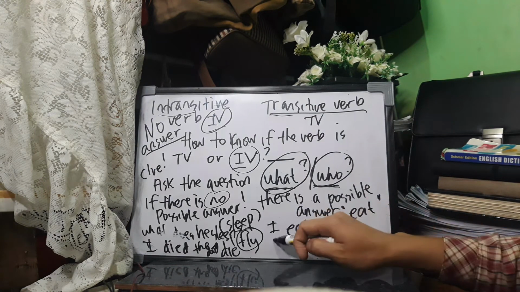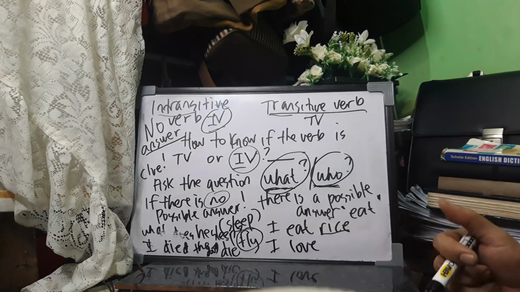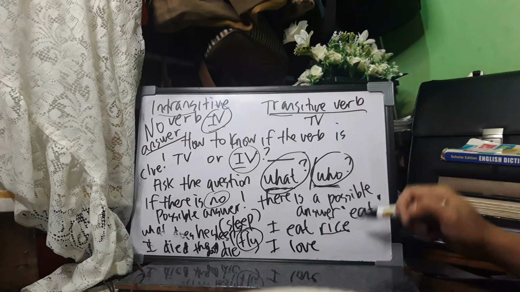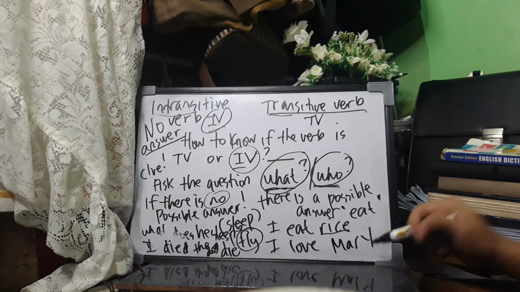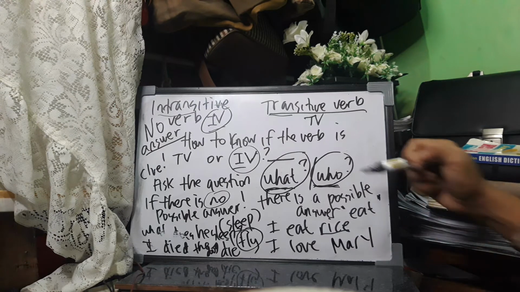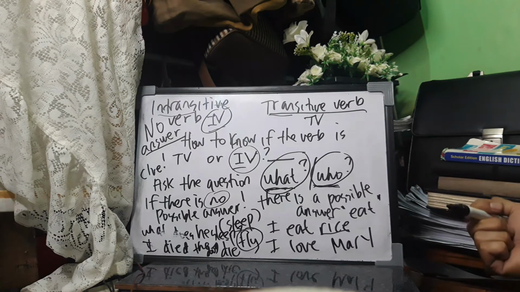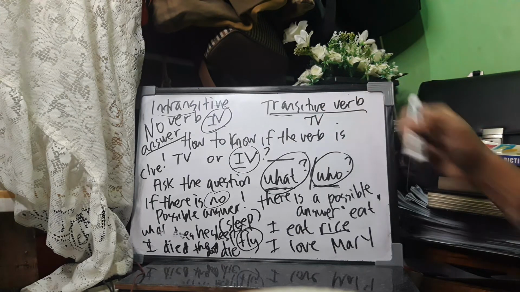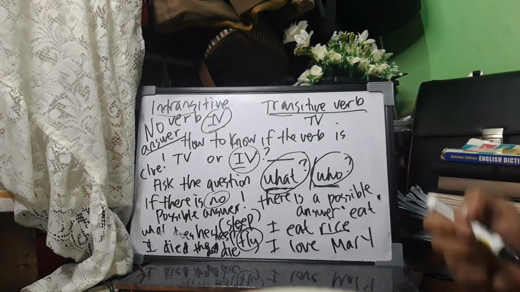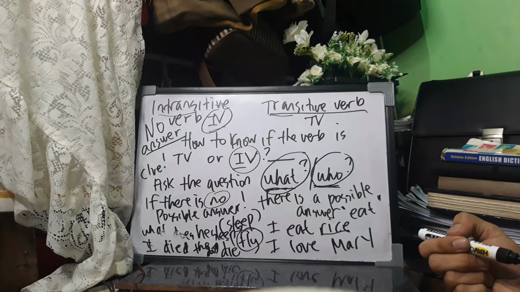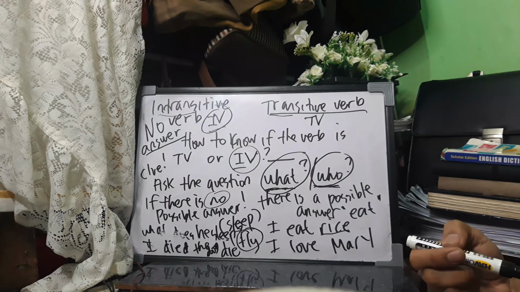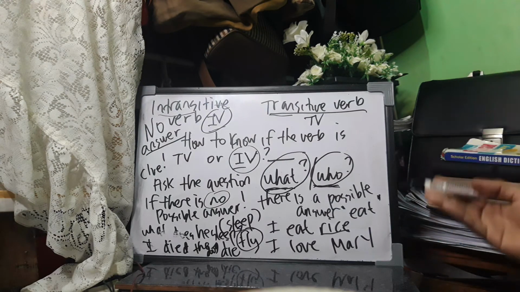Now, let's say I love. Who do you love? I love Mary. Does it answer the question who? Yes. Do you have an answer if you ask the question what and who? Yes. Then that is a transitive verb. So guys, this is how we identify.